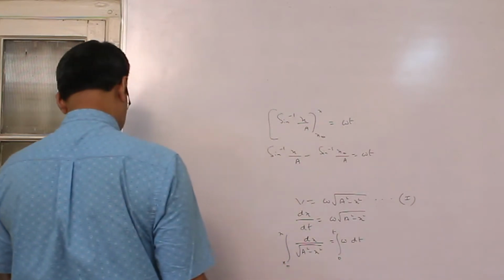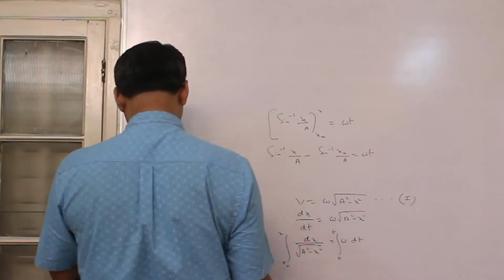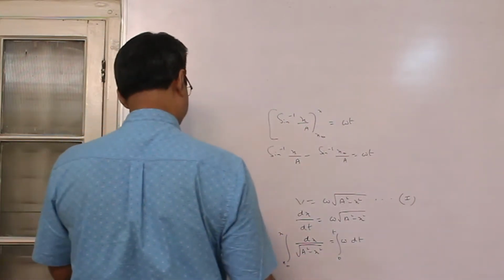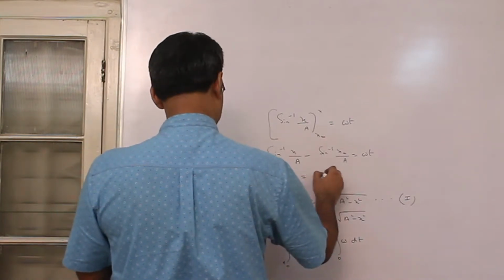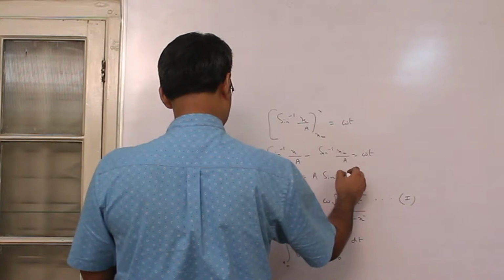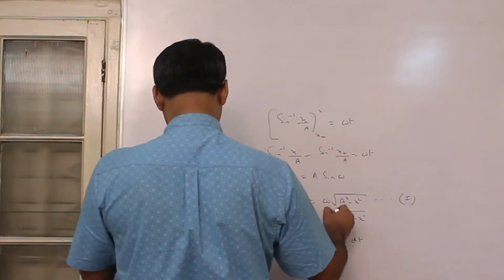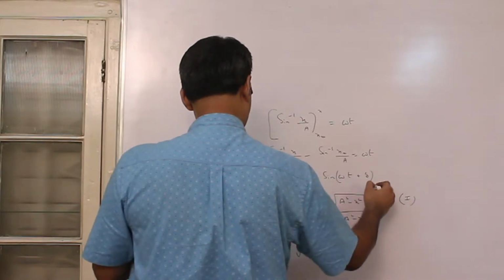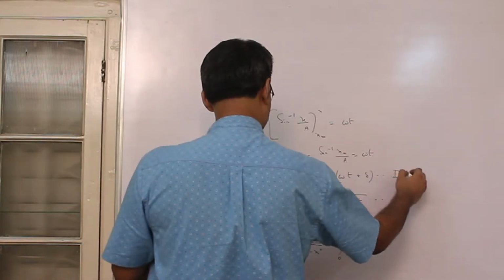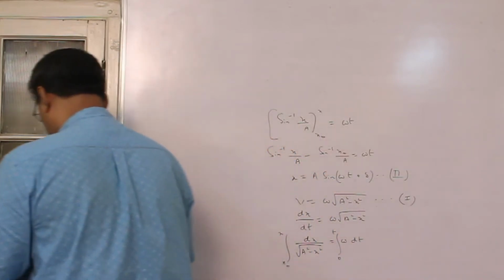So sin inverse x by a minus sin inverse x0 by a is omega t. So this gives us x is equal to a sin omega t plus delta. So this is equation number 2.